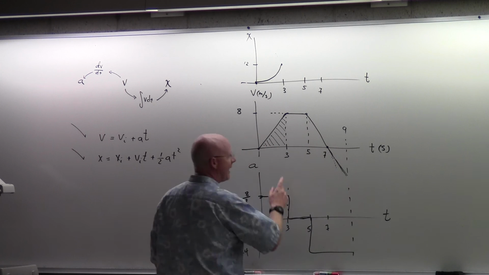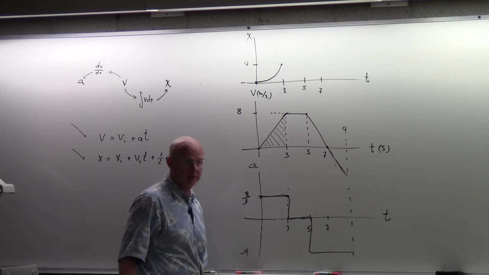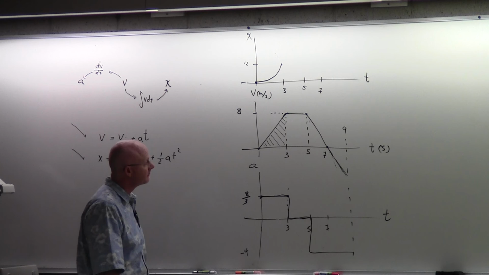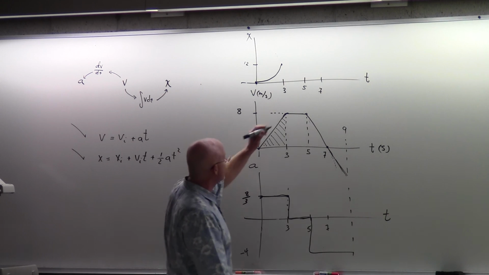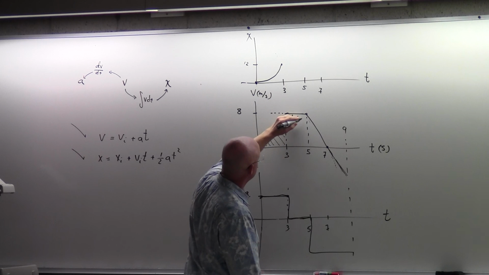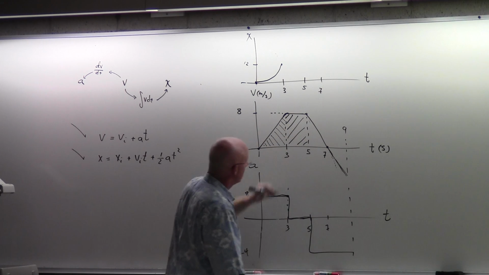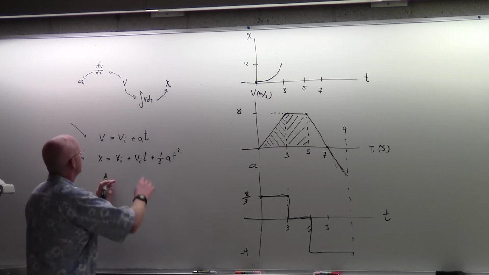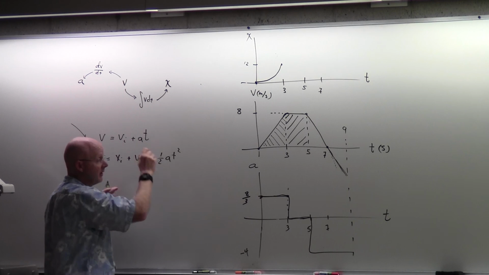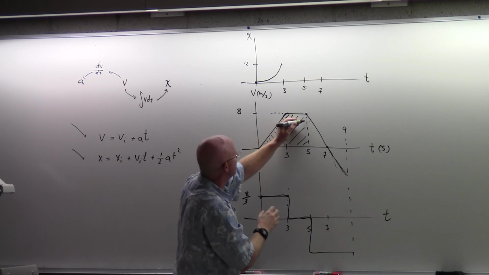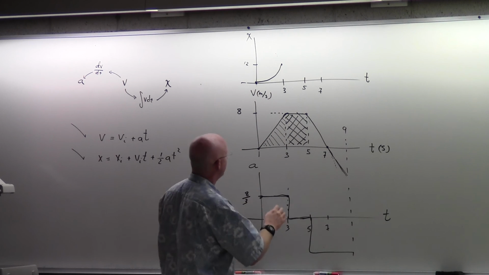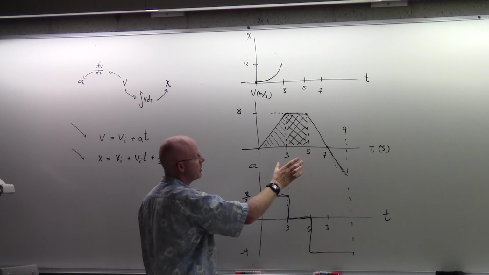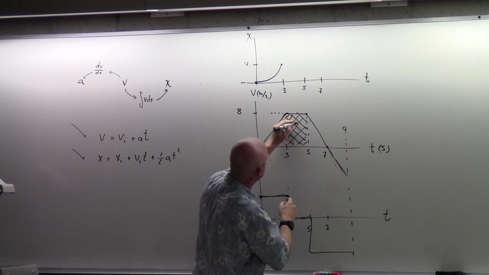Where is the moped after 5 seconds? Well, kind of the same logic. The position would be the integral. The integral is represented by the area under the curve. This is 8 by 2, so this area must be 16 more.